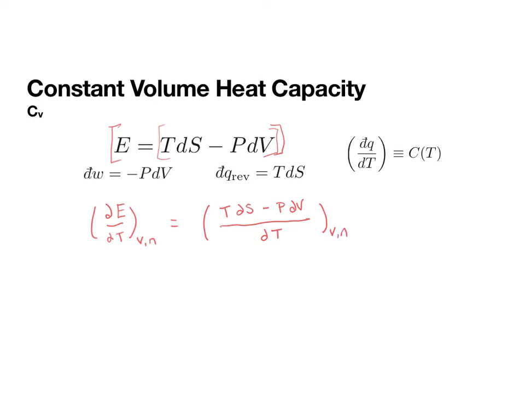Well, in our system, we have said constant volume. That means that the change in volume is equal to 0, and so this PdV term is equal to 0. And so this partial derivative is equal to TdS over the partial of T, holding volume and moles constant.